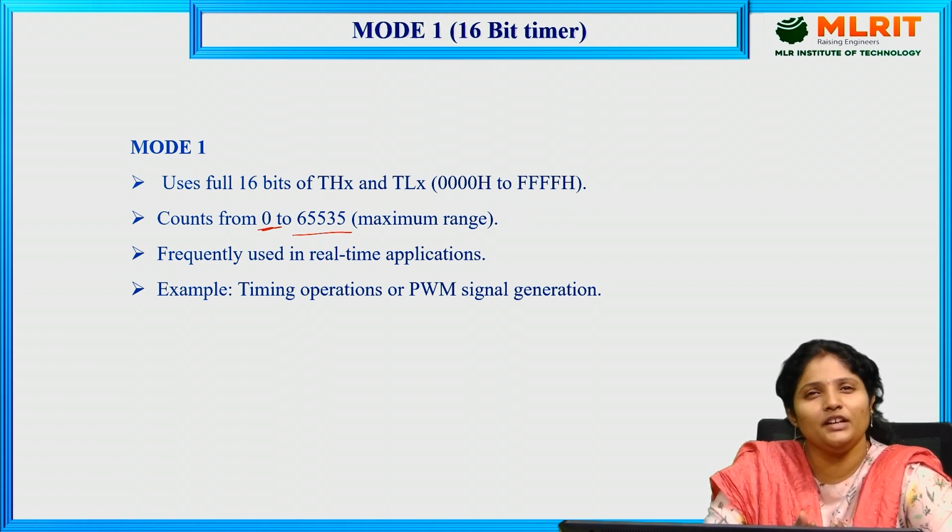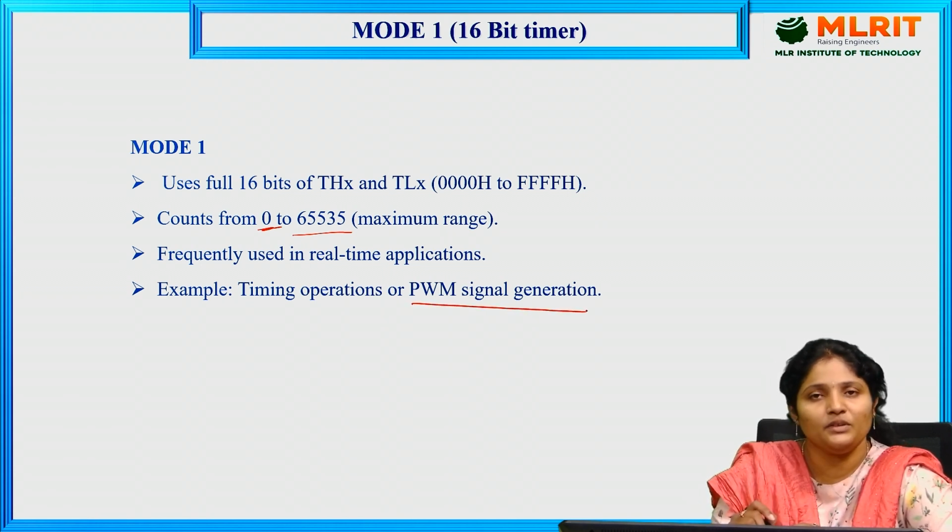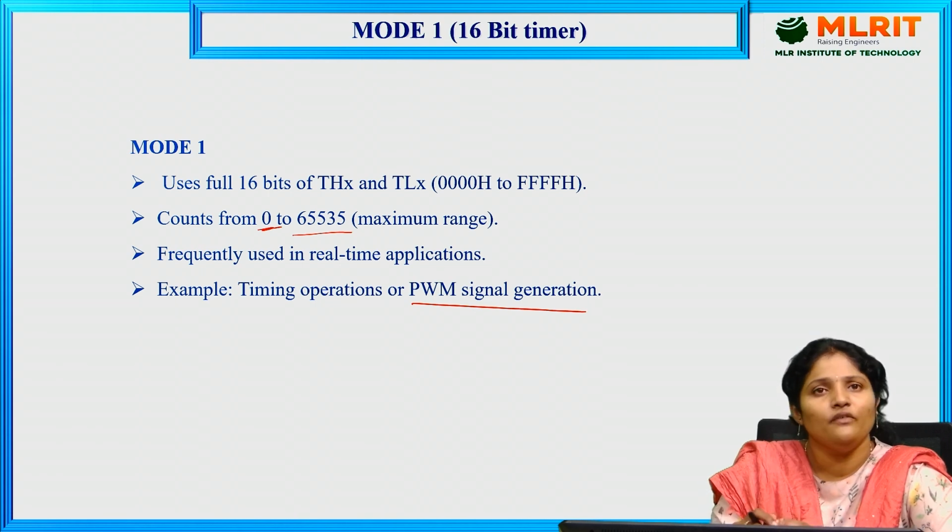It is widely used in real-time applications. If any application requires 16-bit timers to generate that much delay, we will use these timers in mode 1. In timing operations, most of the cases, such as PWM, pulse width modulation signal generation, always use this 16-bit timer.